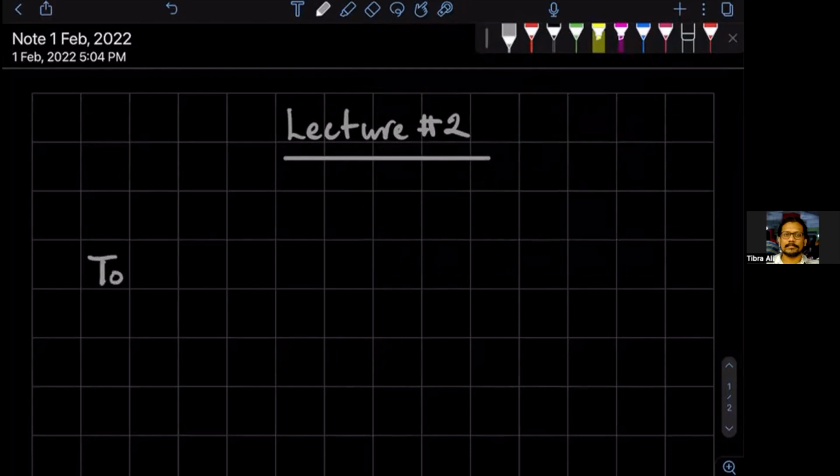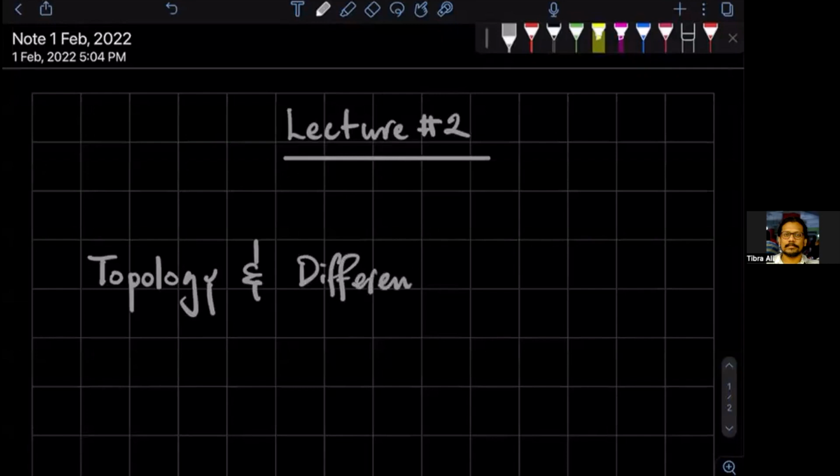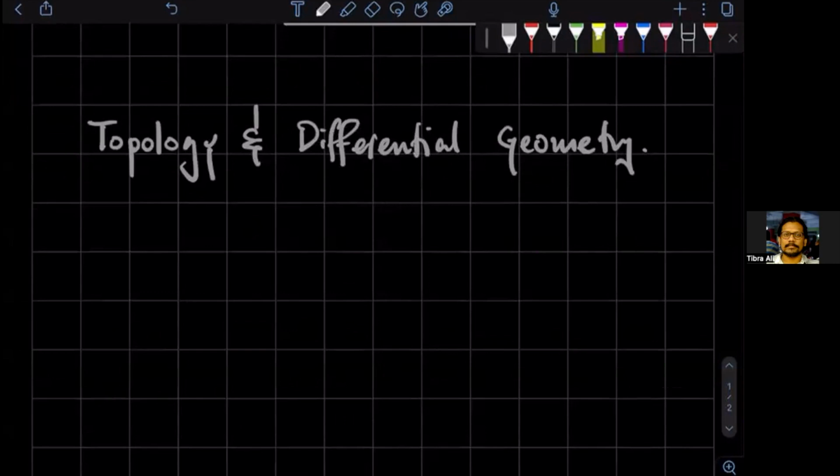We're discussing applications to topology and differential geometry, right? And I'm just going to quickly review what I said last time in this topic.